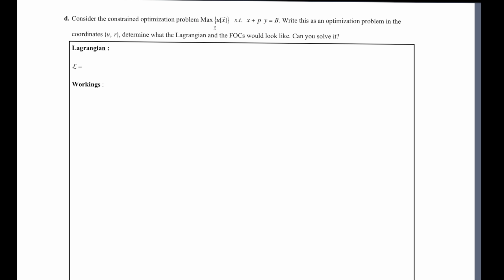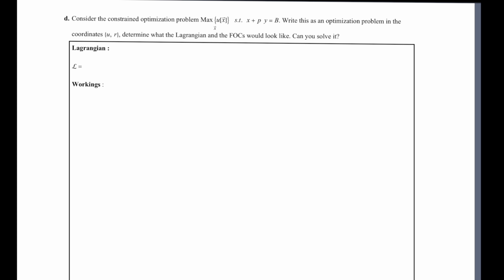Consider the constrained optimization problem where we have to maximize the function u subject to the constraint x plus py is equal to b. Write this as an optimization problem in the coordinates u, r. Determine what the Lagrangian and the first order conditions would look like, and can you solve it?